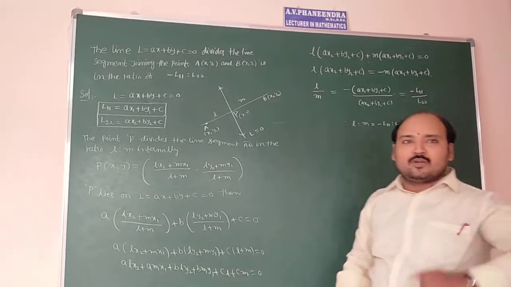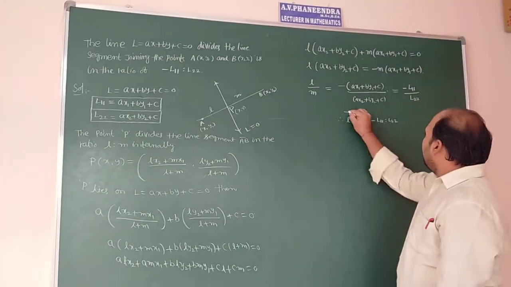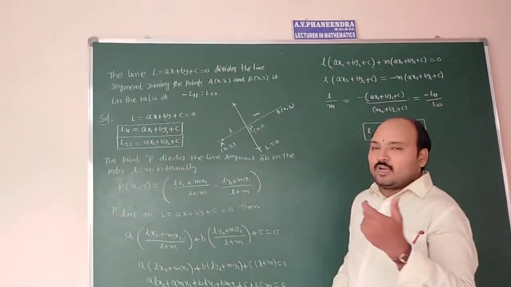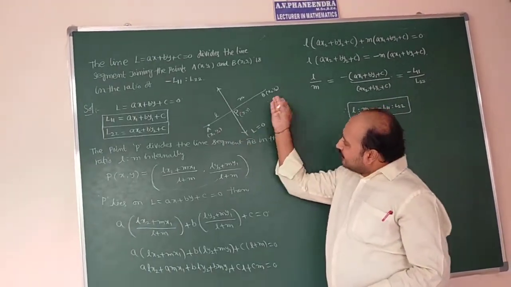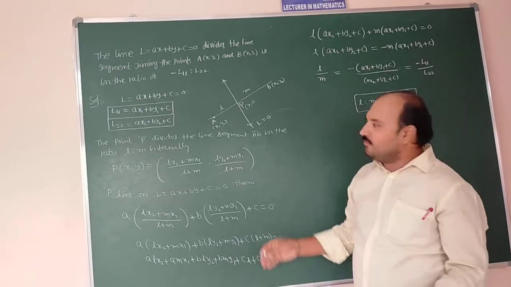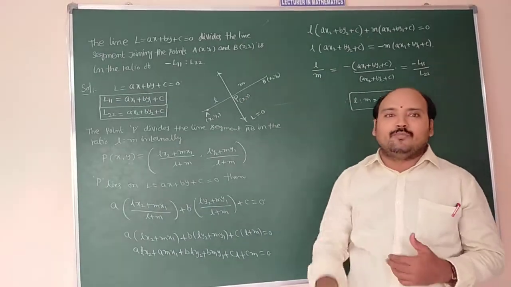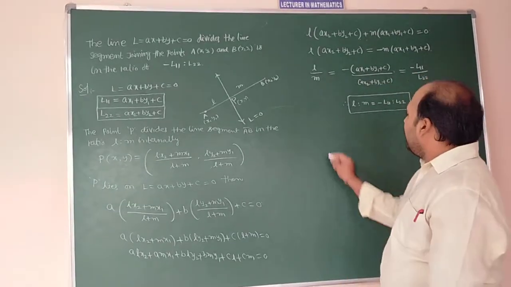After that, a very important concept is there. After getting this ratio, how do we represent whether the points are on the same side of the line or on opposite sides of the line L equal to 0? How to recognize? Very important point.